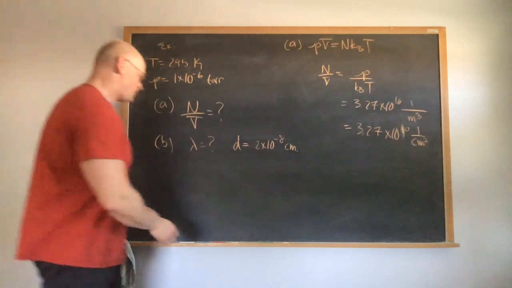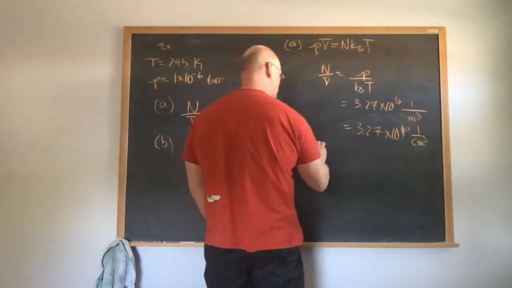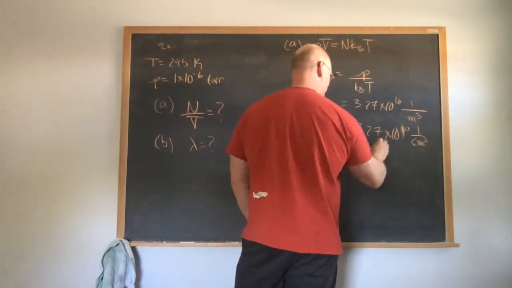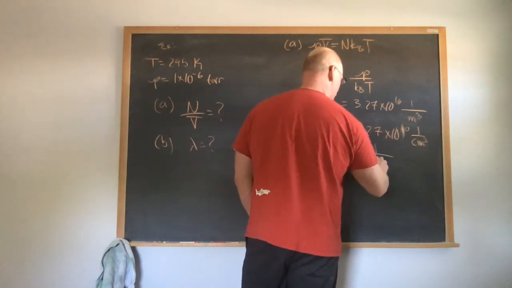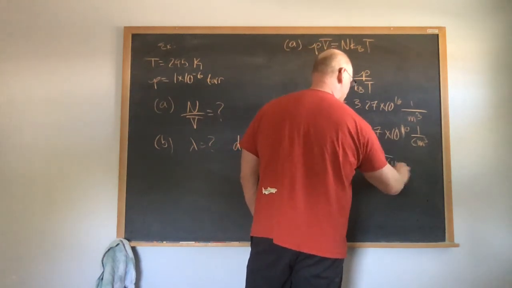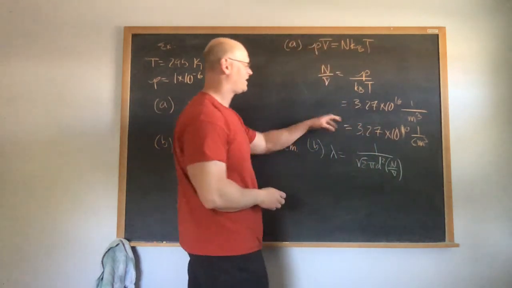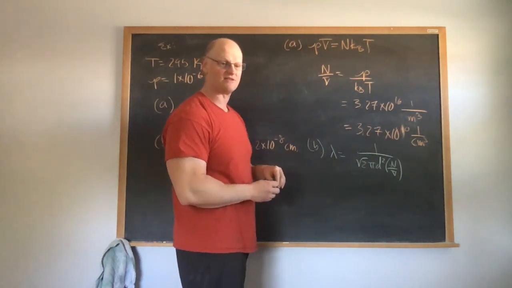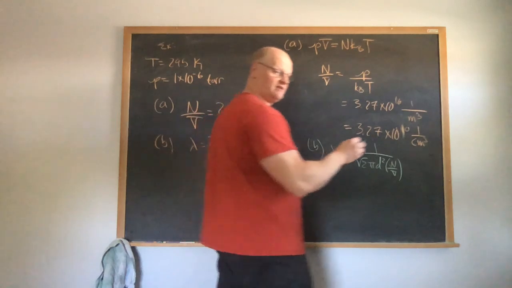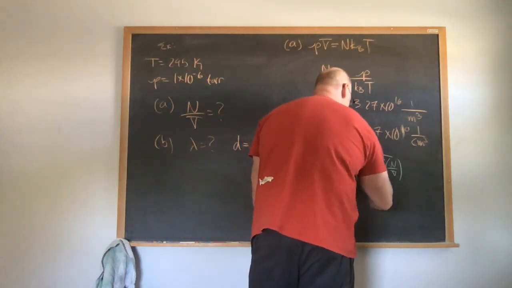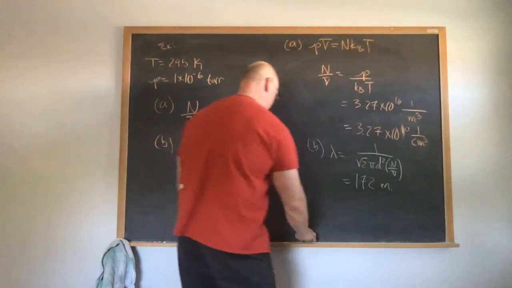Great. So for part B, we can find the mean free path. The mean free path is 1 over the square root of 2 times pi times d squared times N over V. We now know N over V, and we know d, which is given in the problem. So this works out to be about 172 meters.